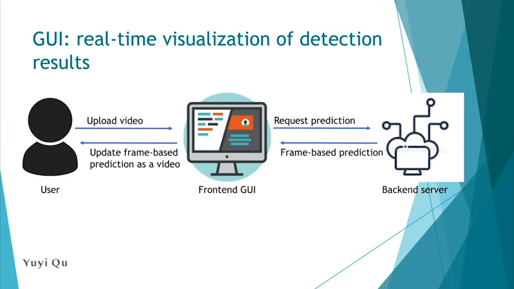Another important part of this project is to build an interactive GUI to visualize the detection results in real time. Since the backend detection algorithm is real-time, the visualization should also be in real time in order to show the strength of our approach. In order to do this, the backend server will return a frame-based prediction in a string manner, and then the front-end GUI will update the old frame with the new frame.